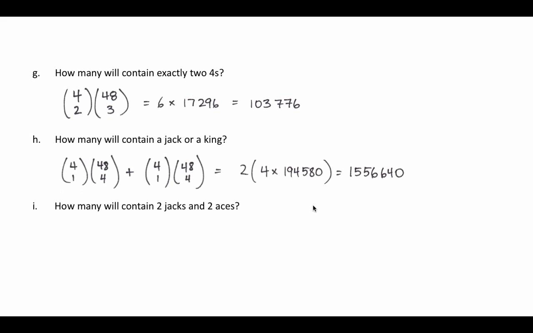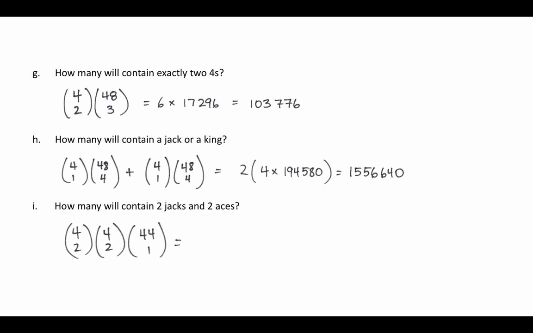So we've got exactly 2 jacks, not 3 or 4, exactly 2 aces, not 3 or 4, and then a 5th card that's neither jack nor ace. So we've got 2 of the jacks, 2 of the aces, and 1 of the other. Imagine we've, again, split the deck into 3 piles. 4 are jacks, 4 are aces, and then the 52 minus 4 minus 4, the other 44, are neither jacks nor aces.